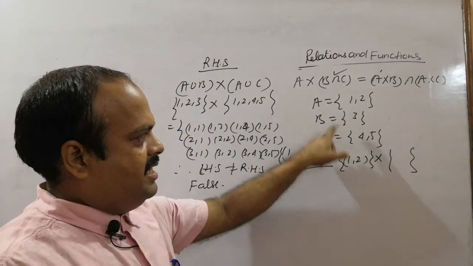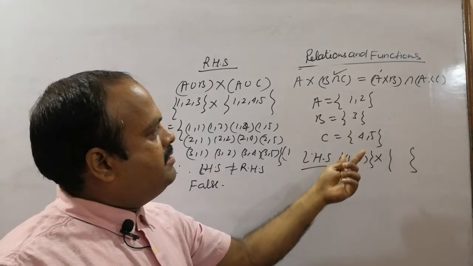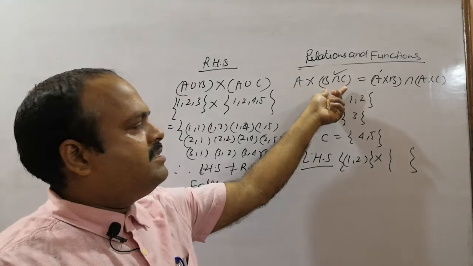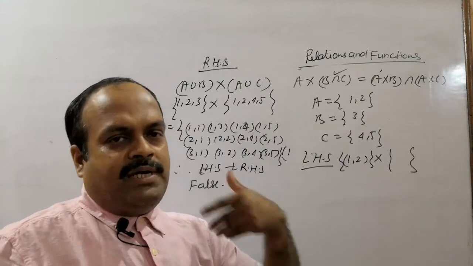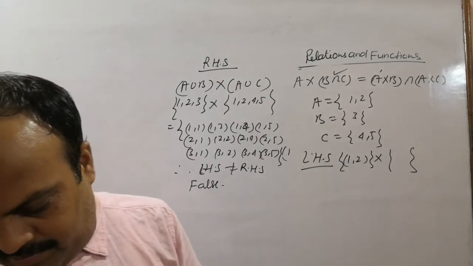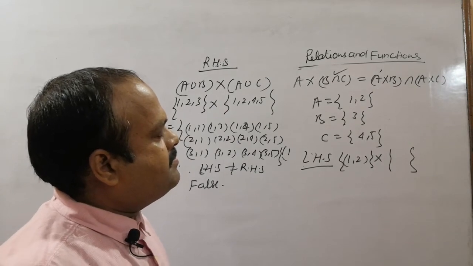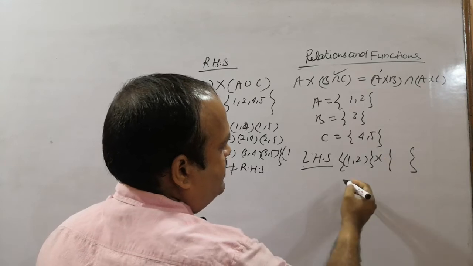B intersection C is empty set, means this has no element in this. So when we get the cross product, the result will be empty set.